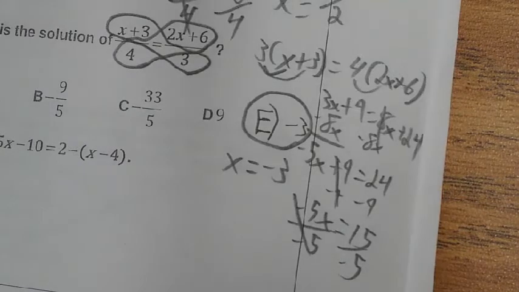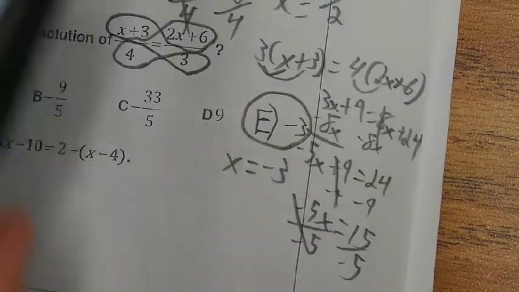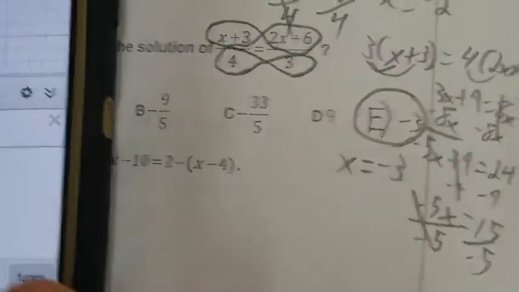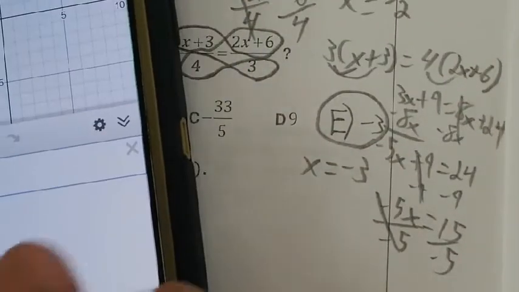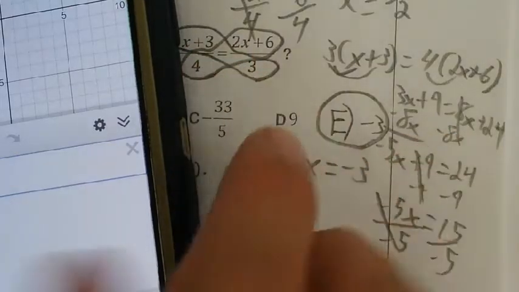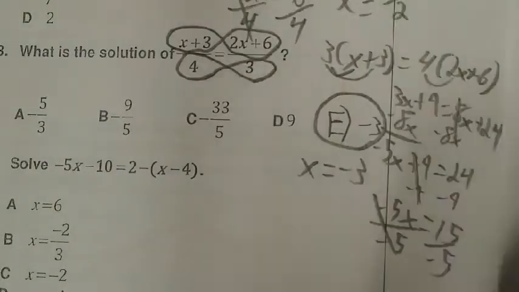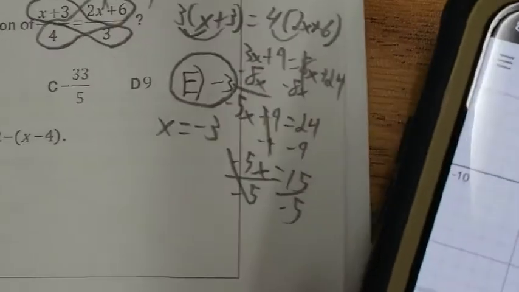So, once again, you can type that into Desmos just to check your answer. The easiest way to check it, or whenever you have a bunch of stuff on top and bottom, you got to type in. Let's see, I'm trying to make it where y'all can see both.